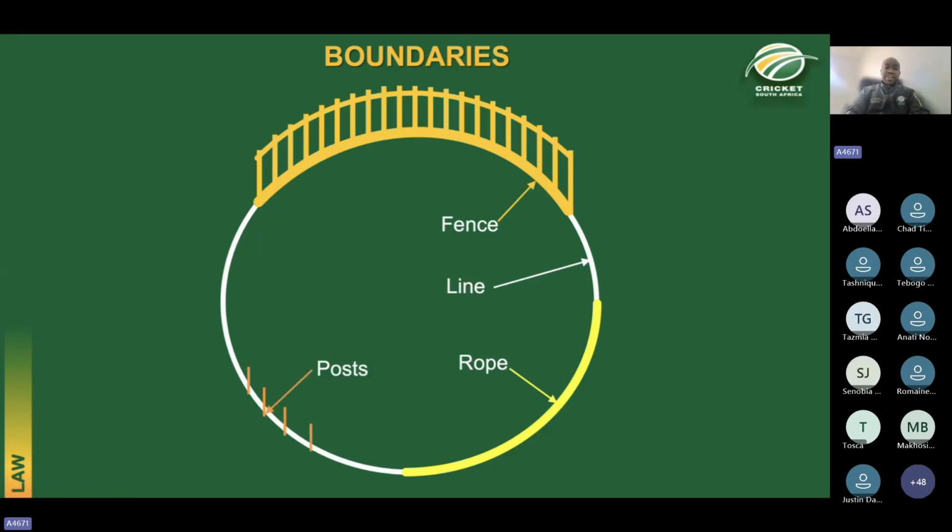As mentioned, if we have posts or flags pitched into the ground and a line beneath them, the flags and the posts are actually not the boundary themselves. They are just an indication to the umpires as to plus minus where the boundary line is.